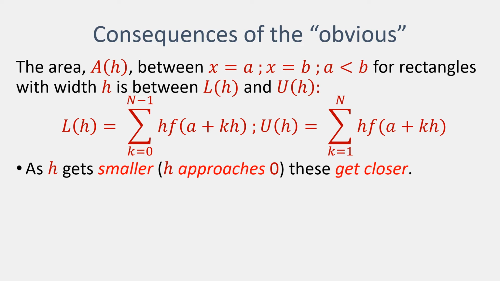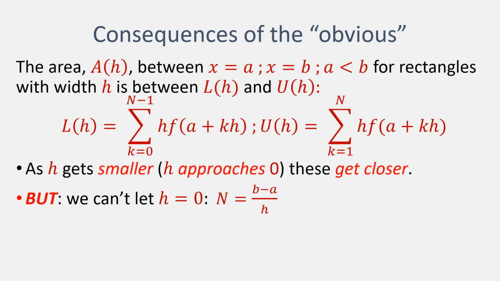Now, what we want to look at, we saw that if we choose smaller rectangle bases, we get better approximations. We get this value becoming closer and closer to this value. So in other words, as h gets smaller, as the width of our rectangle base gets smaller, then these two estimates get closer together, but we cannot let the width of our rectangle base become 0, because then we're involved with a division by 0.